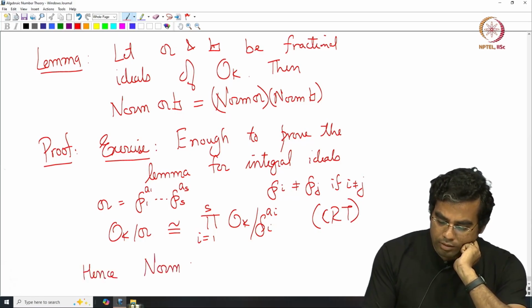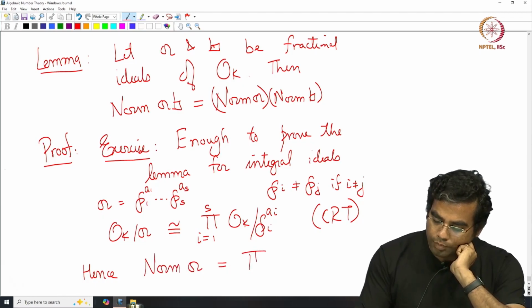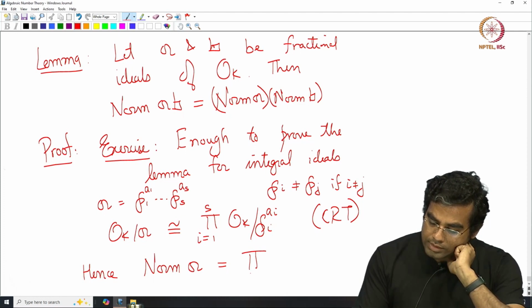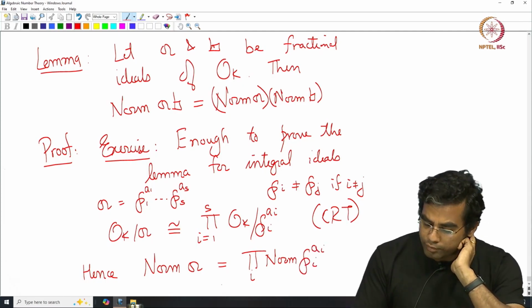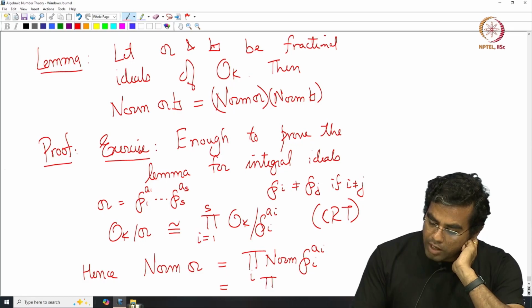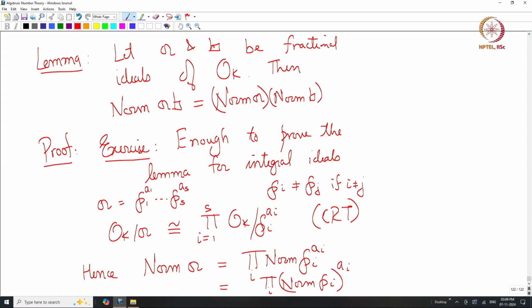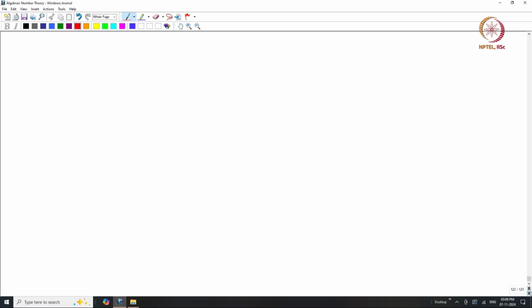the norm of A is equal to the product over i, norm of Pi to the Ai, but we just proved on the previous page that this norm is equal to the norm of Pi to the power Ai. And the same thing would hold for B as well.